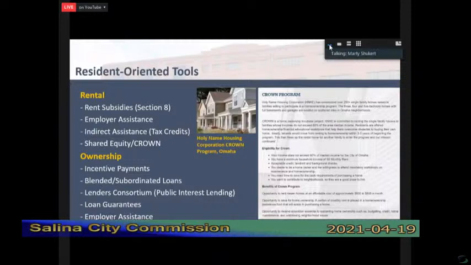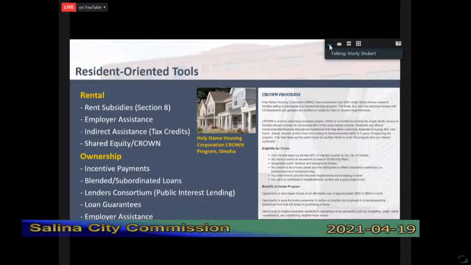Subordinated loans, the HOME program and the Community Development Block Grant program are often structured in a way that they provide a second deferred or forgivable mortgage to reduce the cost of debt to the homeowner. The house is built, but the homeowner gets a break by virtue of a very low interest or zero interest subordinated loan.